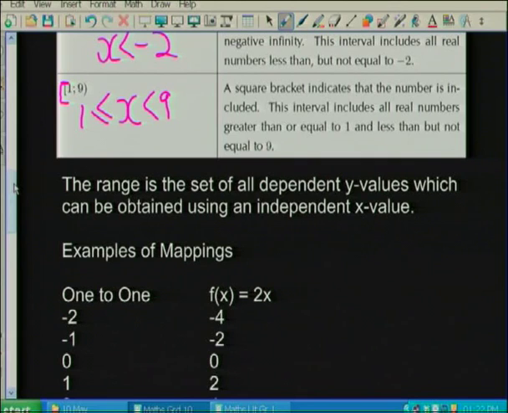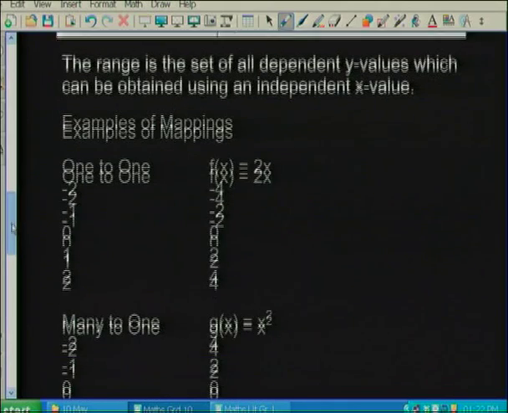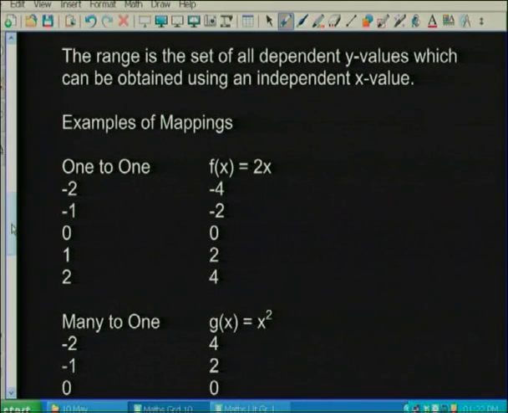Right. We've spoken about the domain now. We said the domain is the X values. Then there's the range, and the range is the Y values. So the range is a set of all dependent Y values which can be obtained using an independent X value. What does that mean? Well, have a look over here on the left-hand side.